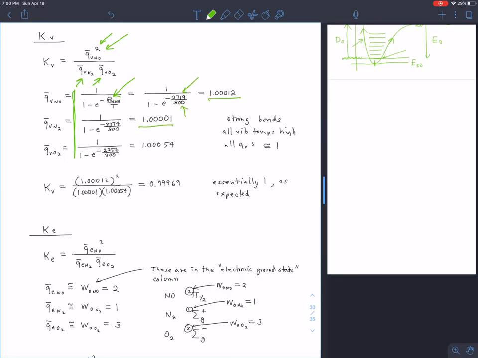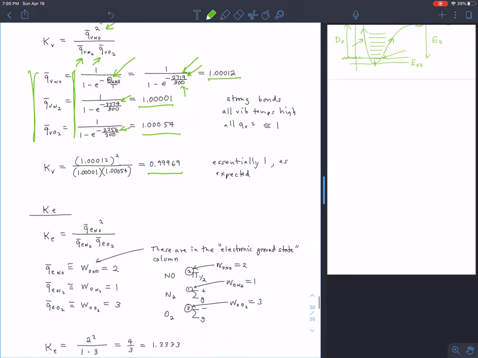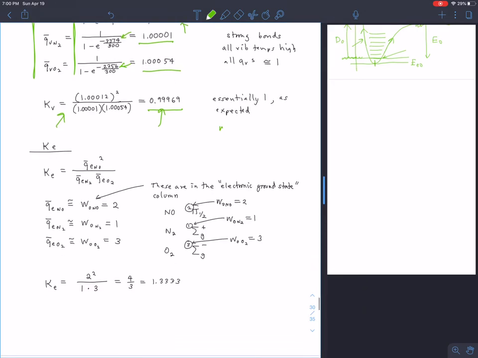And of course, because all the vibrations in this case are really high energy vibrations, the vibrational temperatures are all in the thousands of degrees. All of these partition functions are essentially 1. And of course, if you take 1 divided by 1, you get 1. So the vibrational factor in the equilibrium constant is, again, just neutral.